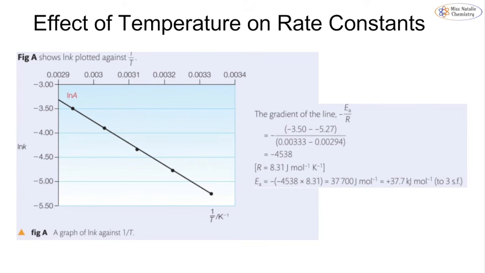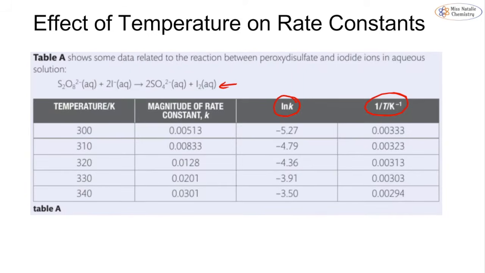And you can see that we get this lovely straight line, and we can then determine the gradient of the line. To determine what points to use, the best thing to do is to look back at the table, and as long as the point lies on the line, you can then use the values from the table.